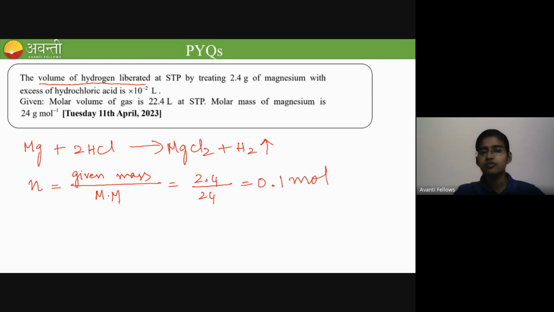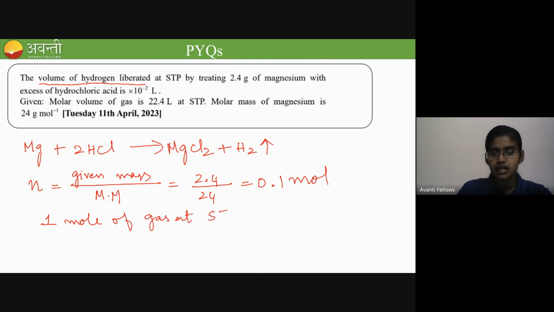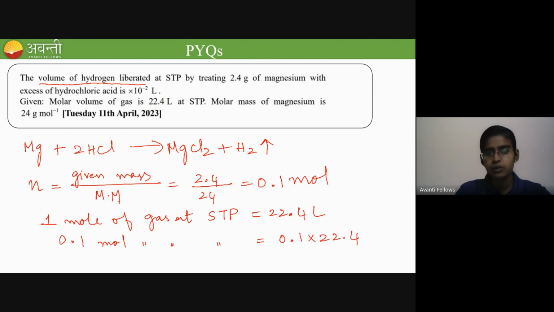So the number of moles is 0.1. We all know that 1 mole of gas at STP is equal to 22.4 liter. Now the number of moles is 0.1. So 0.1 mole of gas at STP will be equal to 0.1 into 22.4 divided by 1.